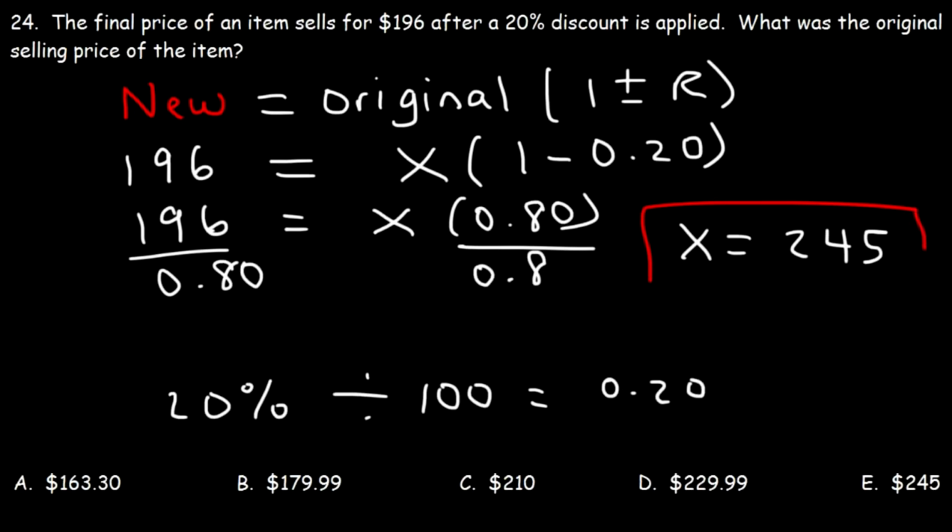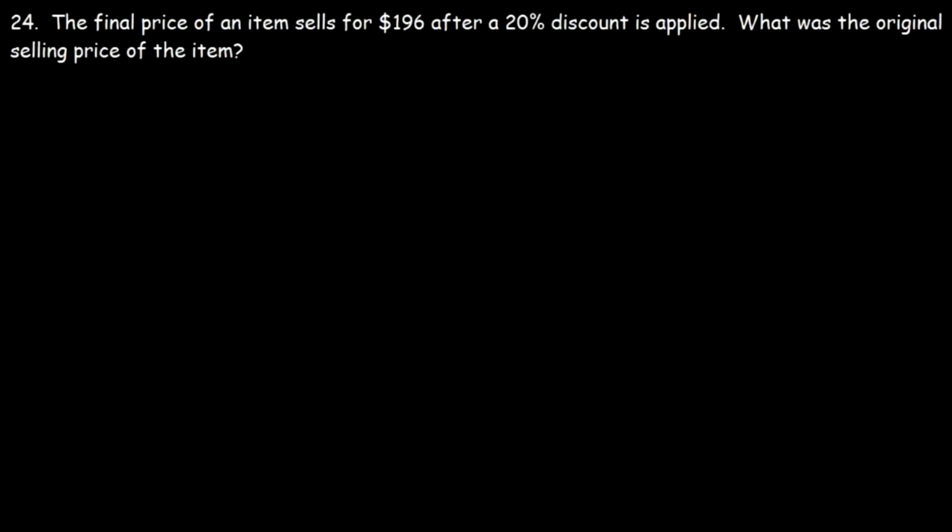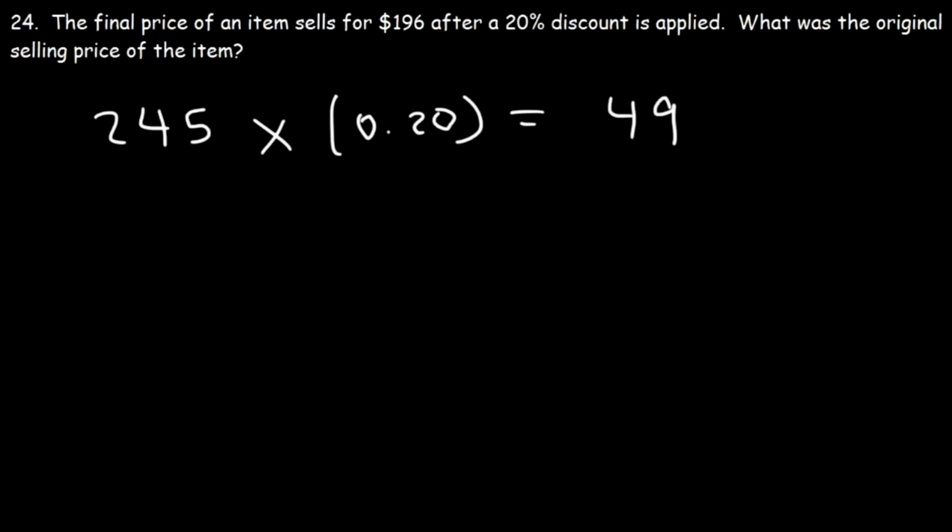So that is the original price. And let's confirm our answer. So what is 20% of $245? So if we multiply this by 0.20, we can see that 20% of 245 is 49.